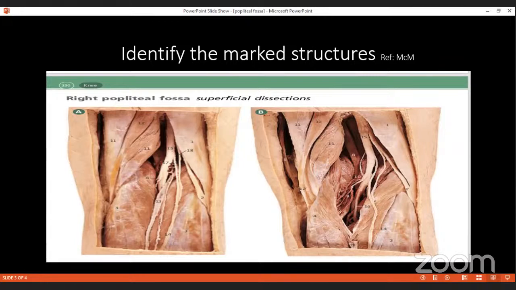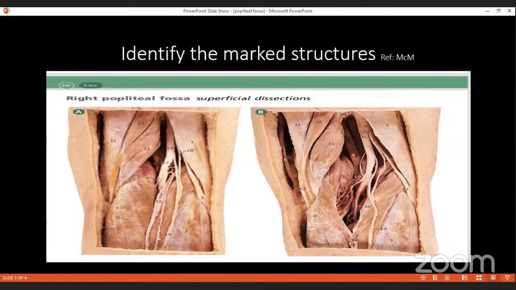Can you tell me the contents of the popliteal fossa from superficial to deep? Superficially there is the tibial nerve, then the popliteal vein and the popliteal artery, and then the common peroneal nerve, and then the popliteal lymph nodes.